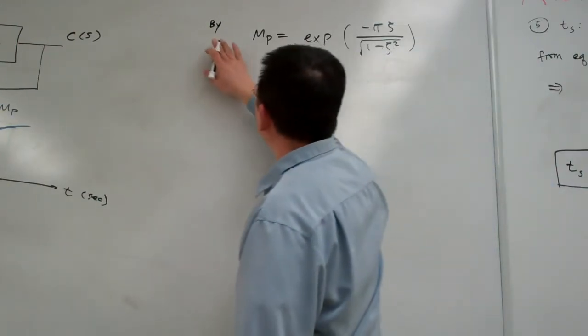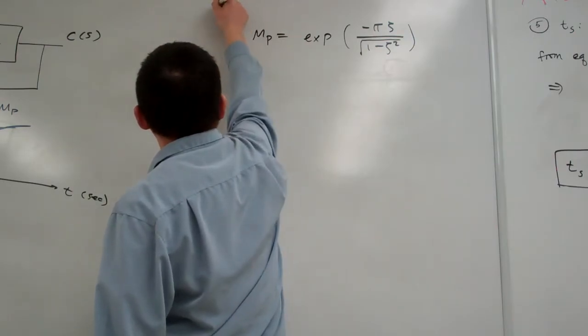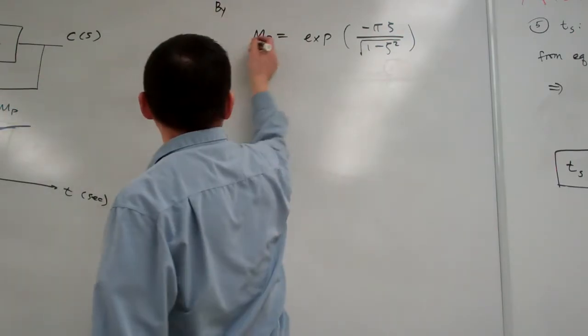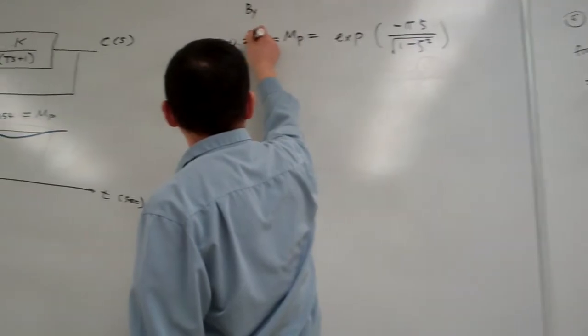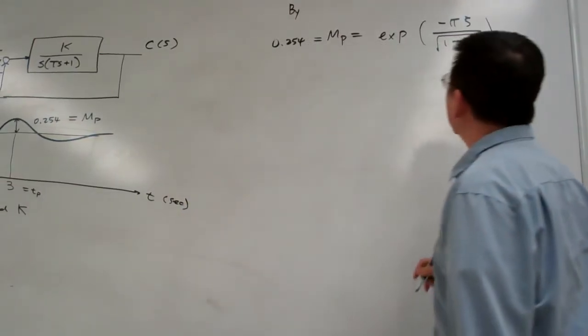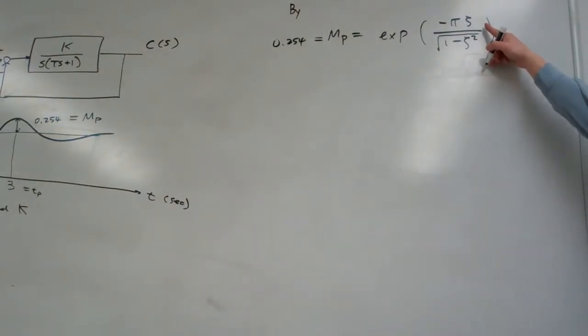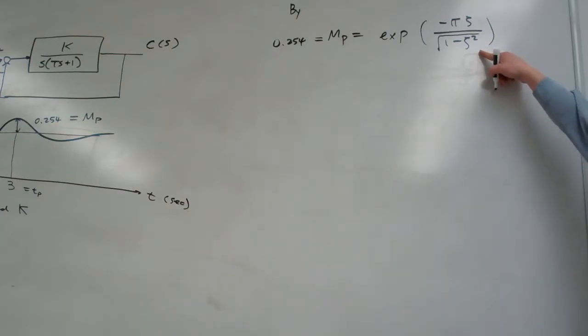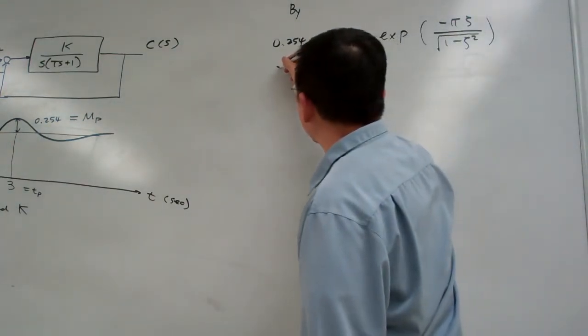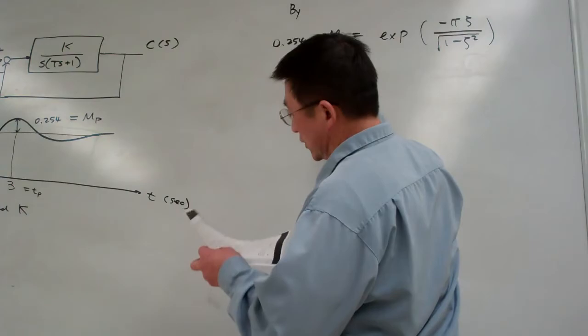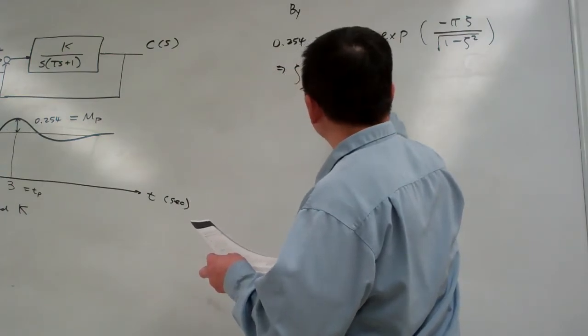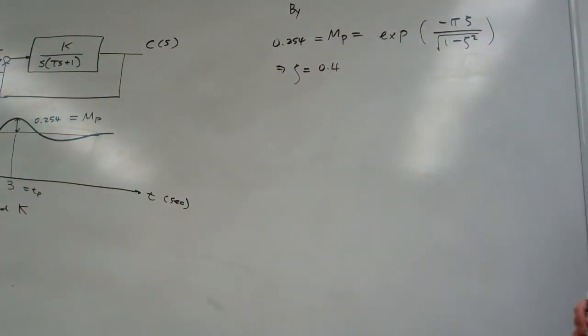Now from our requirement, this value must be equal to 0.245. So the only parameter here is zeta, and we can determine that it is about 0.4. Remember that this will fit into the first case if we like to determine the second time, third time.